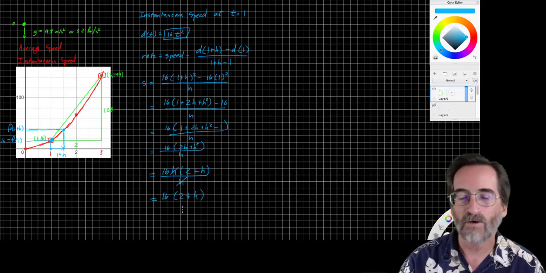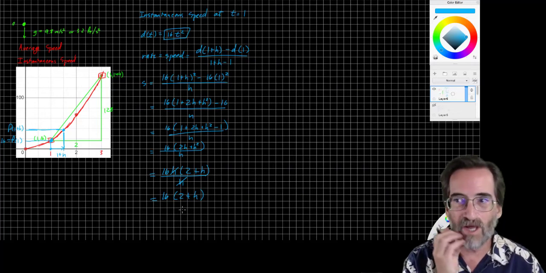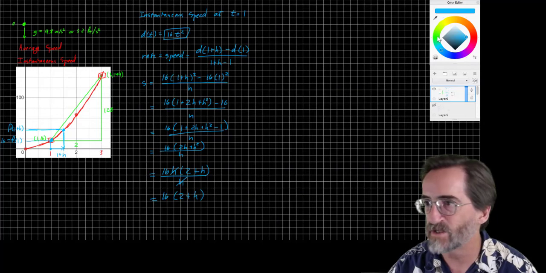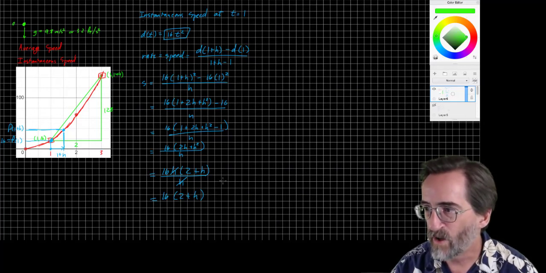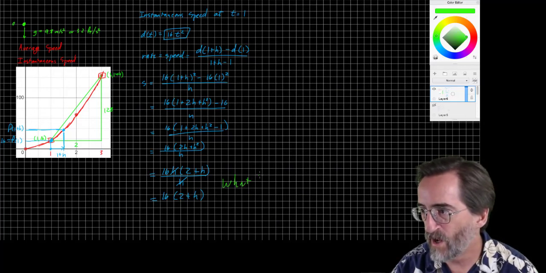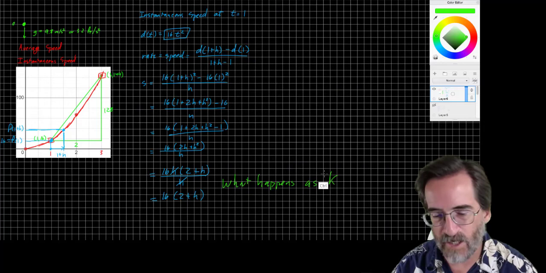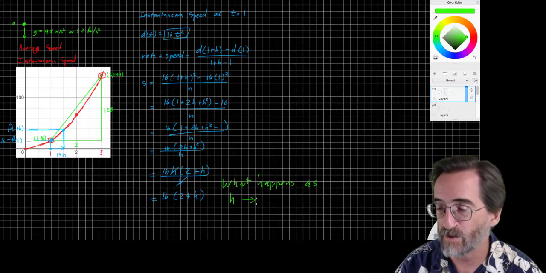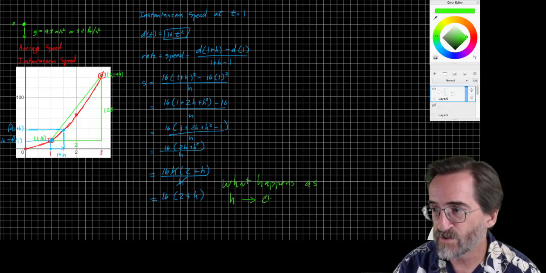Okay? Now consider what happens as h gets really small, and that's really the big idea of calculus here. What we're going to learn of this is it's a limit as h goes to 0, right?